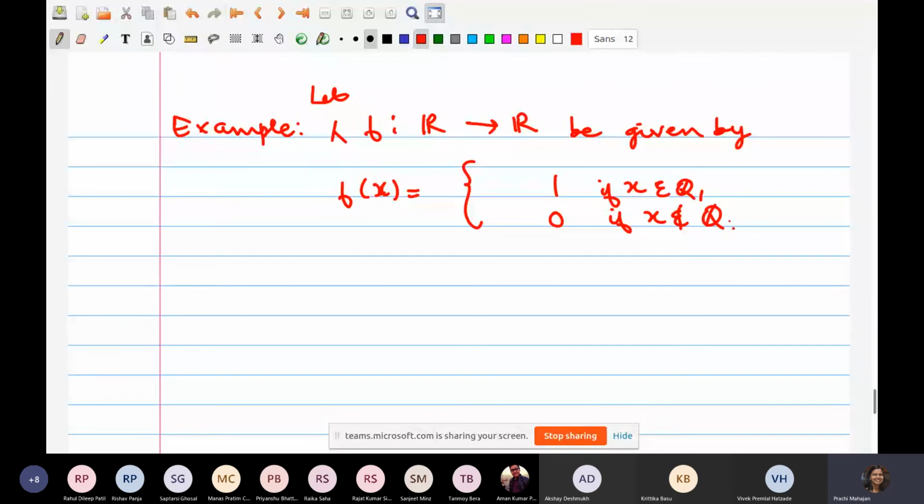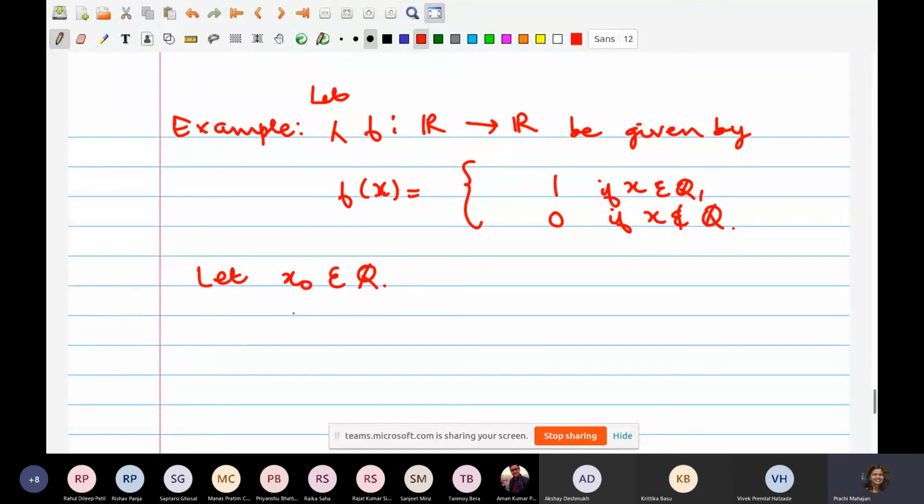So let's use this sequential characterization of continuity, and let's try to investigate continuity of f. Would somebody like to help me? Okay, so let me give you the starting point. Let's start with a point x naught in Q, and I'm going to investigate whether or not the function f is continuous at the point x naught.